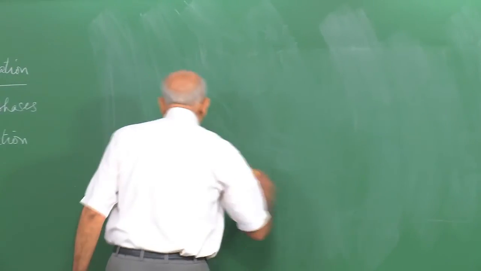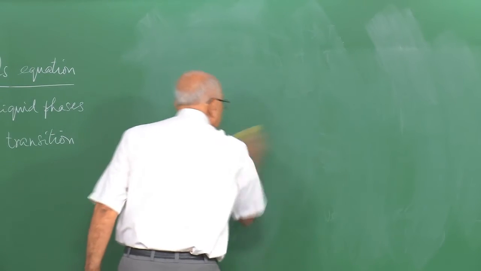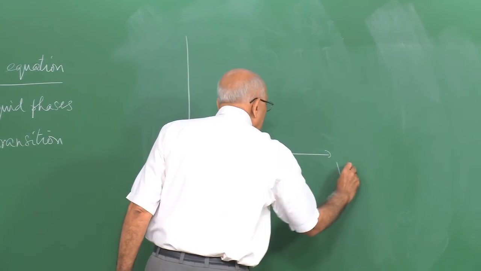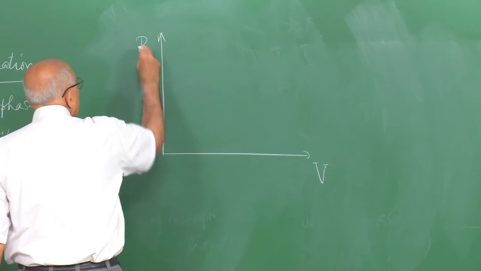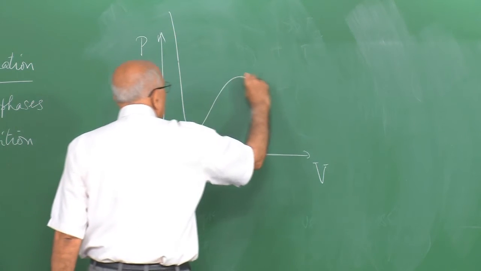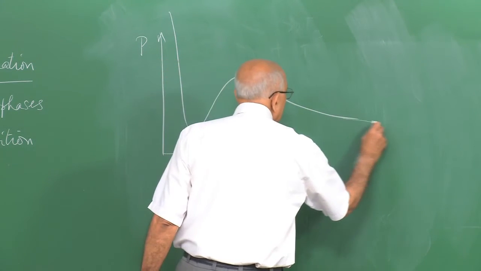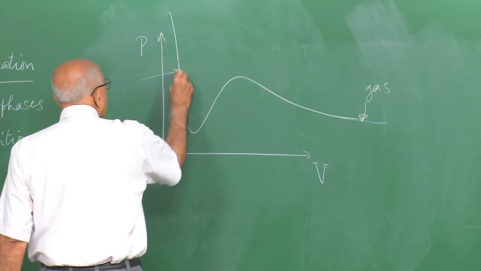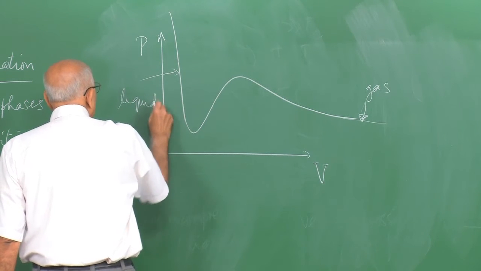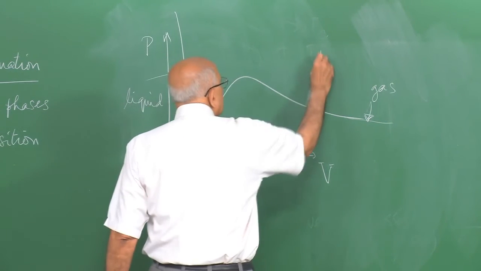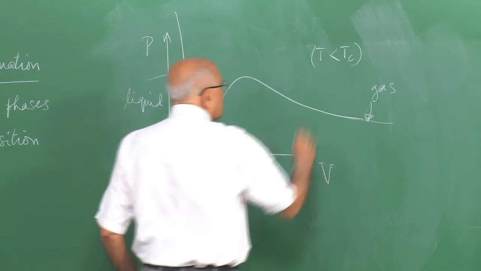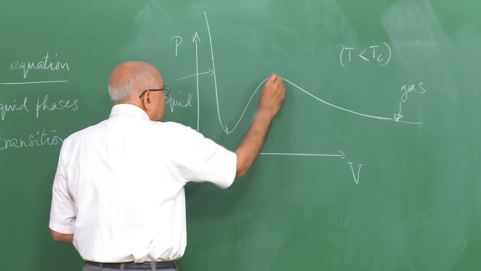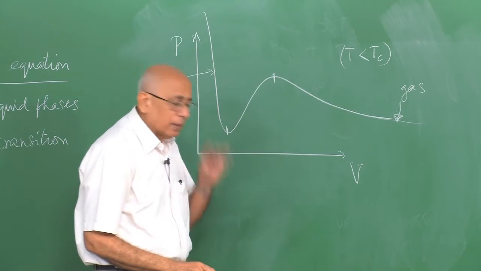So once again, here is V, here is P, and if this is your isotherm, then this part is the gas phase and this part describes a liquid, and this is at some fixed temperature T less than Tc. Then this portion of the curve is unphysical, it cannot happen.